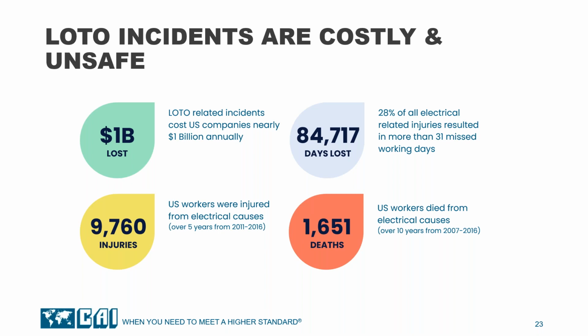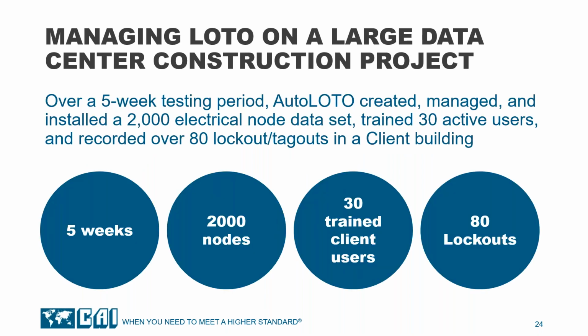So in this case study, they were working on managing a large data center construction project. Some of the key points here. It was a 5-week project. They executed it so that everything was done the way that the site normally executes their lockout tagout, and they ran the auto lotto solution in parallel to it.